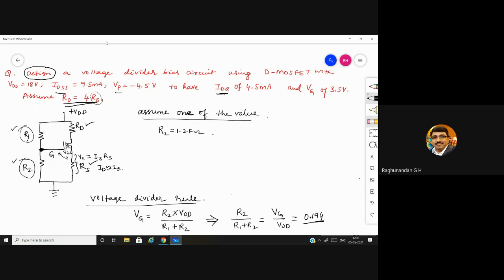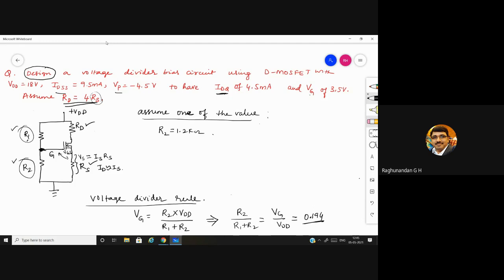So VG will also be fixed. Our main intention in using the voltage divider circuit is to fix this value. So when you consider a fixed resistance value, obviously this will also be fixed. But to tune it properly, we are using one more resistance, that is R1.